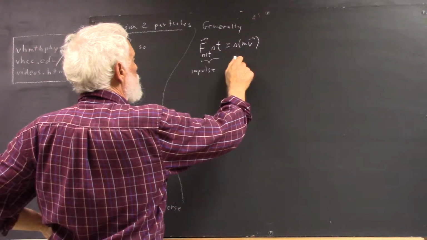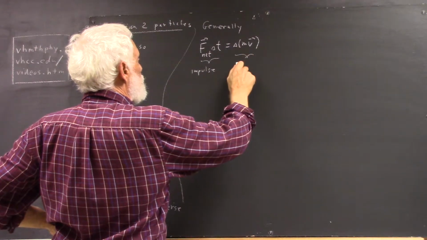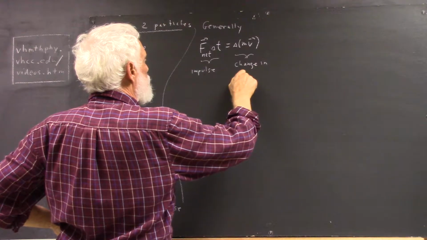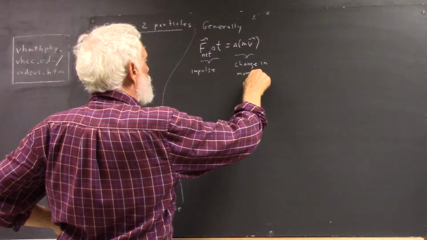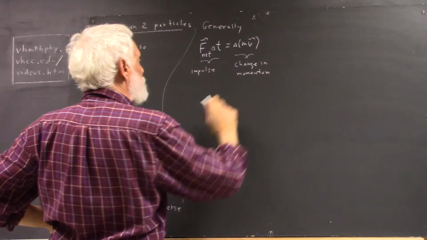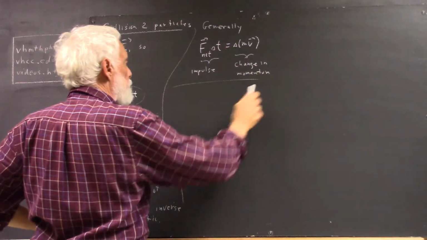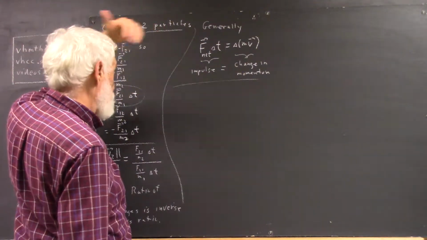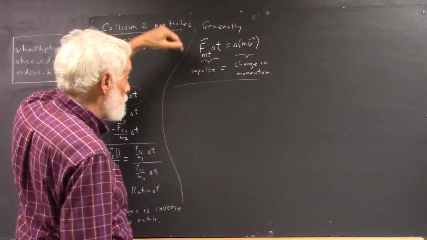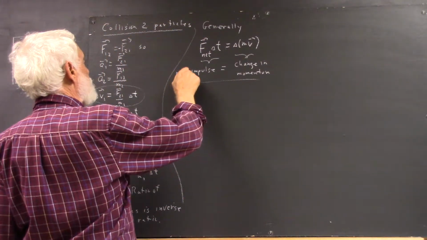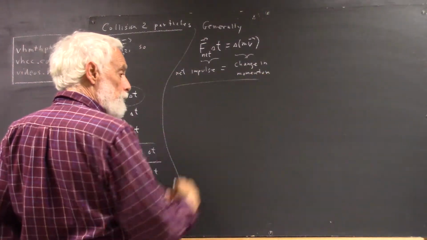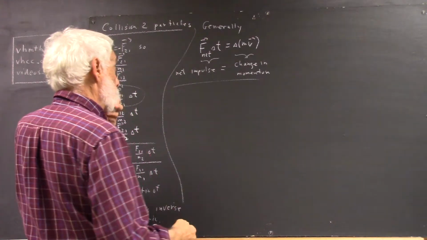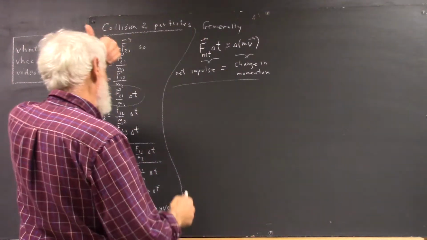So this is change in momentum. So impulse is equal to change in momentum. Now there are qualifiers. I mean the impulse of the net force. So we could say net impulse is equal to the change in momentum of the particle on which it's acting, to which the impulse is delivered.